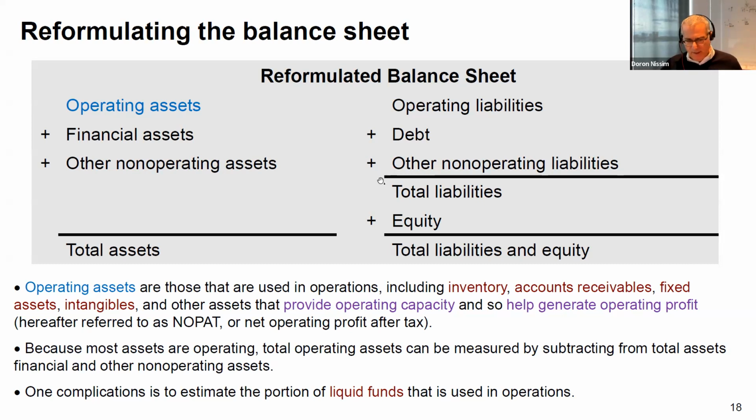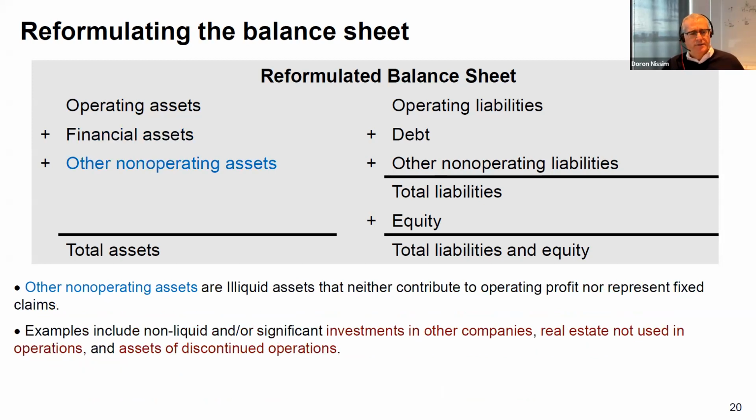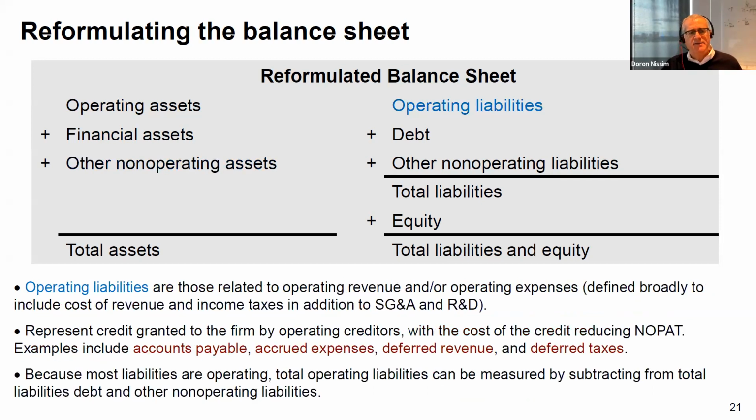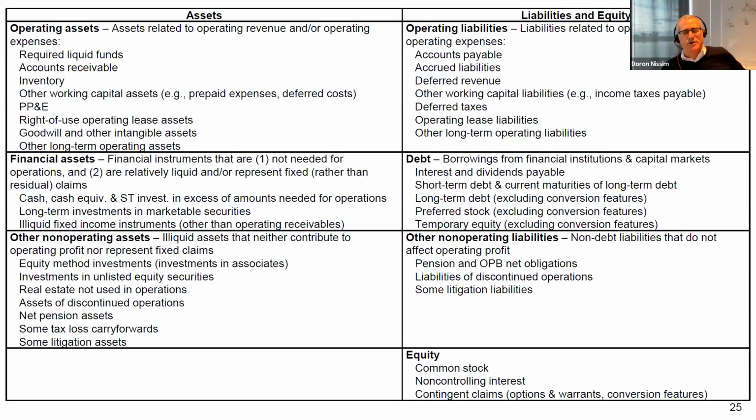There are several complications here about how to do that, but I think that the big picture, most of us know this, so maybe I don't want to spend too much time on this. We identify the assets and the liabilities accordingly, and equity here is defined in a more comprehensive way, including non-controlling interest, and I put preferred dividends into that, and then I come up with a reformulated balance sheet.